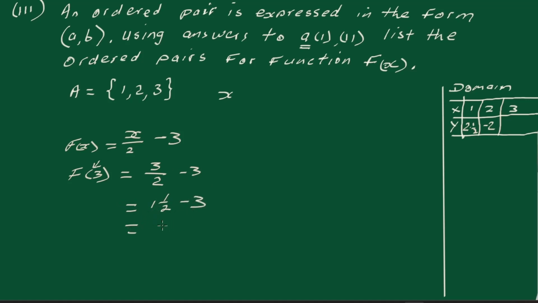So 1.5 minus 3 works out to negative 1.5. So the answer here is negative 1.5.